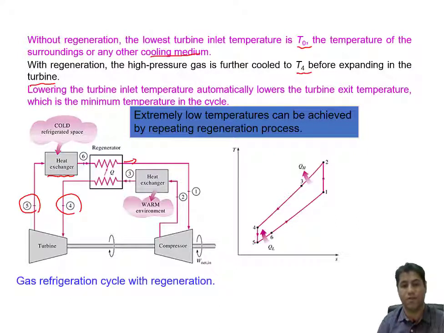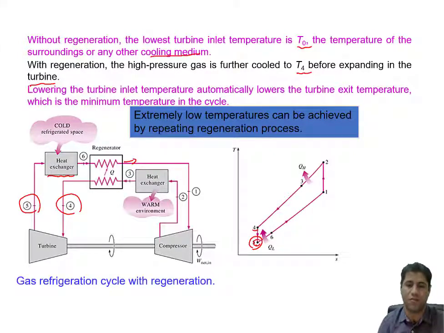From state 4 to 5, we have the turbine. In the turbine, the gas is expanded, and the temperature is reduced from state 4 to state 5. This is the minimum temperature which we can reach, and it will go to the heat exchanger, and in the heat exchanger the Q is absorbed by the gas and its temperature is increased, and this cycle will continue.